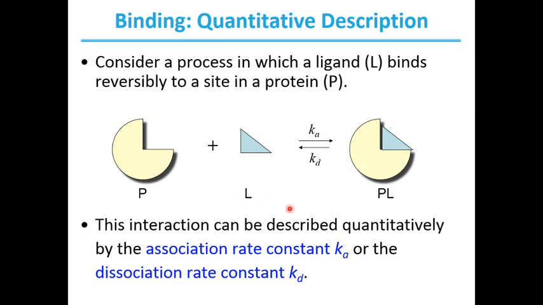Remember, from your knowledge of Chem 1 or Chem 2, kinetics is described by whether a reaction is first order, second order, or to a lesser extent, third order. It could be zeroth order as well. Now, this is a second order reaction.